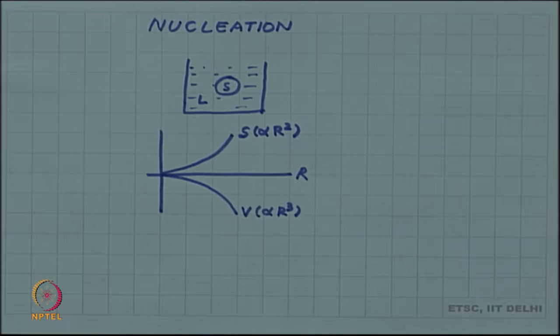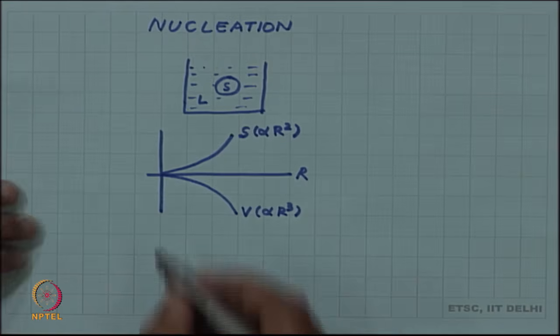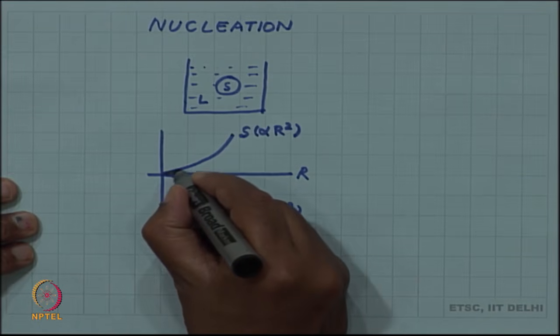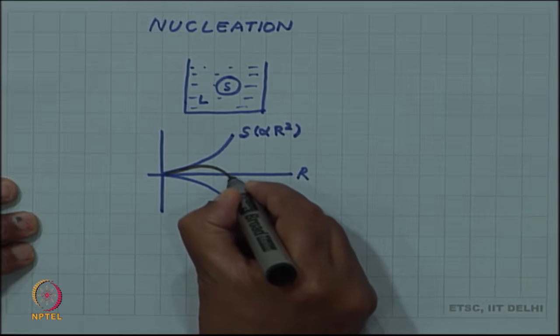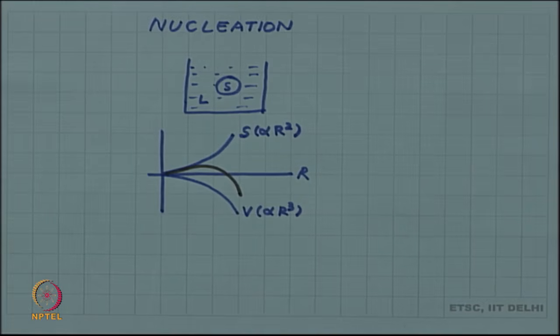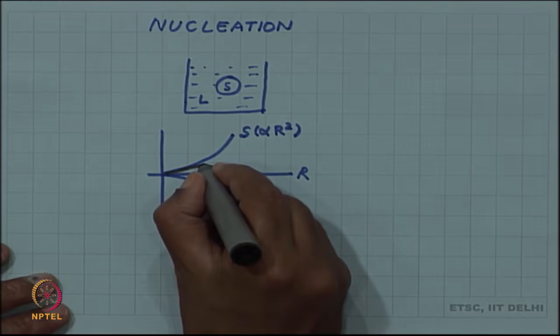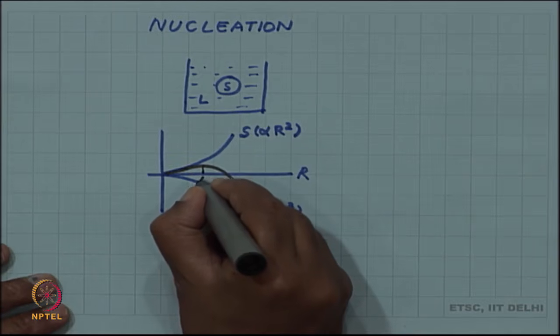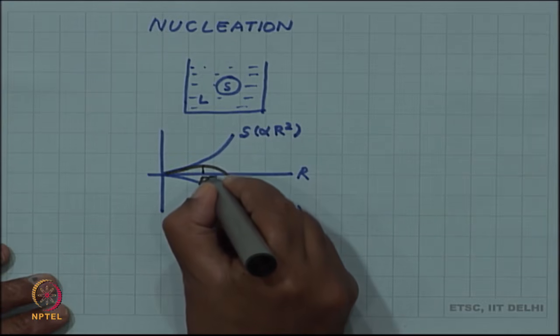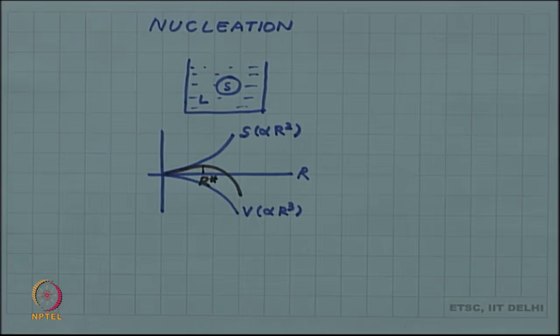So, a competition between these two then gives us a total energy curve which initially goes up and then comes down, so that we have a critical radius R star for nucleation.